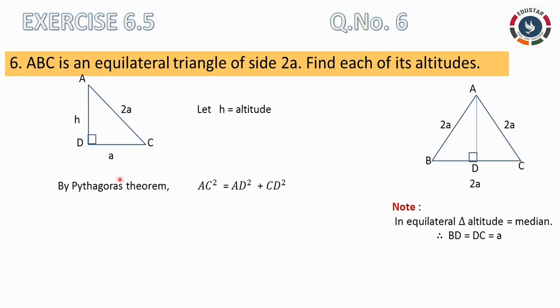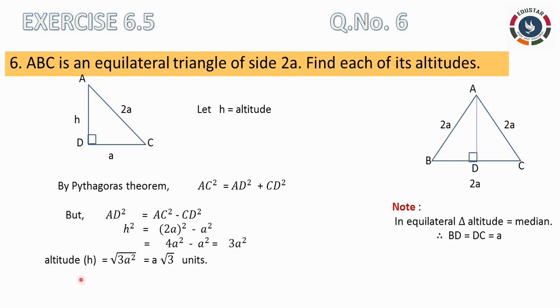By Pythagoras theorem, AC square is equal to AD square plus CD square. To find AD, we do it like this: AD square is equal to AC square minus CD square. Transpose here. And what is AC? 2A, so square is 4A square minus A square, equal to 3A square.